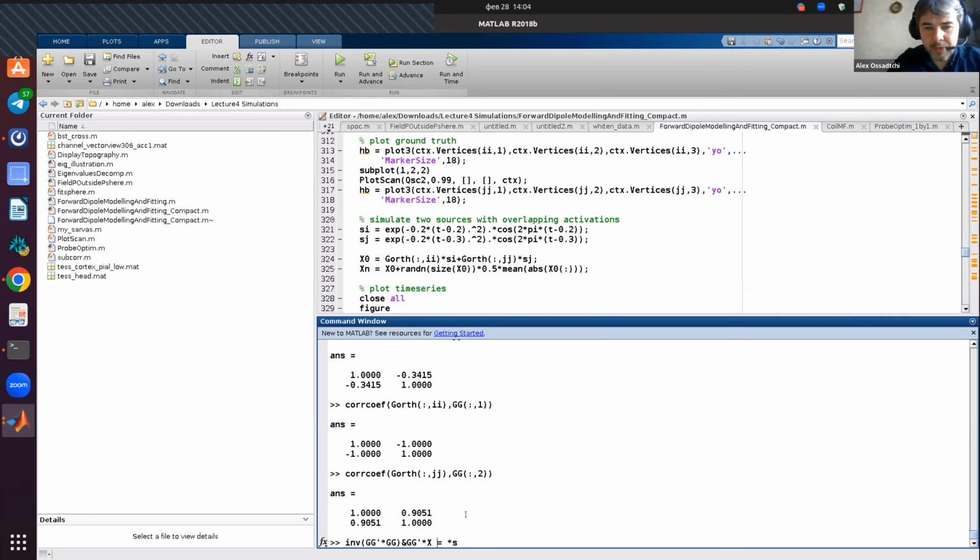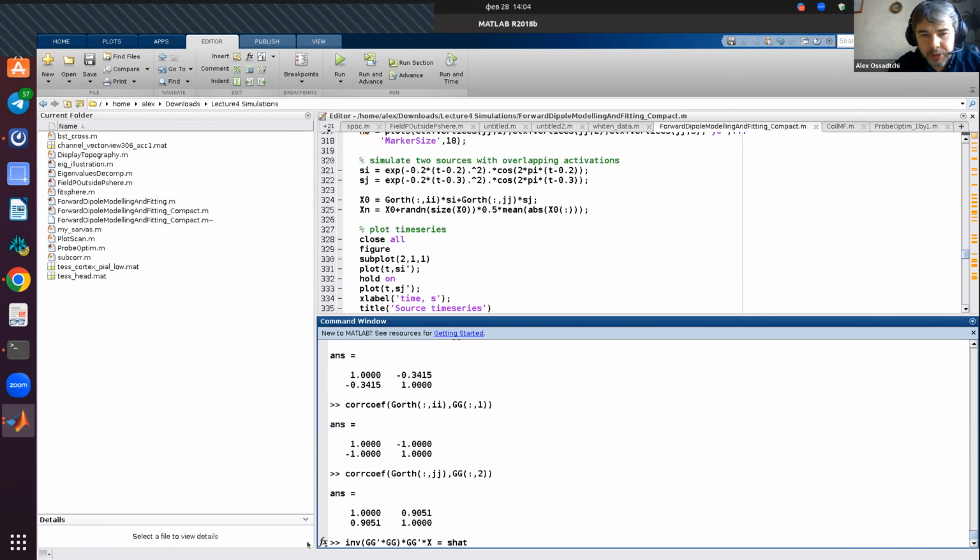Okay, and this gives you S hat. Okay, so this is multiplied, and this way you get your two time series at once. Okay, exactly the same trick. Before you just had one time series, one channel. Here just 2, but you already have the matrix, and you are solving this in the least square sense. You're solving this matrix of equations.